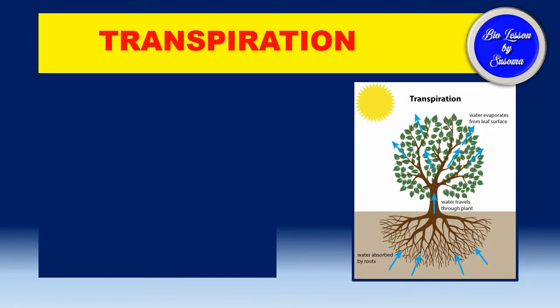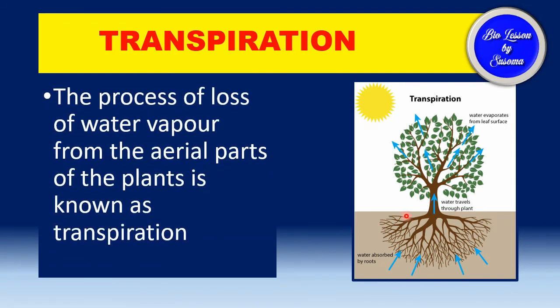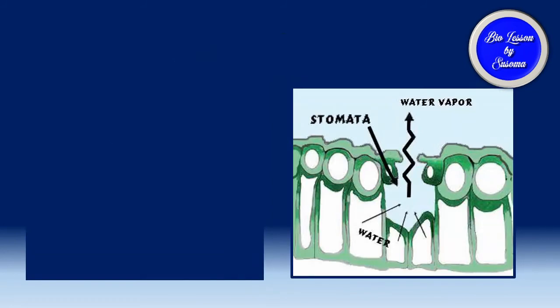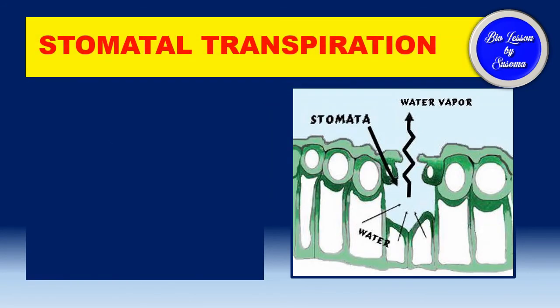Now what do we mean by transpiration? Transpiration is the process of loss of water vapor from the aerial parts of the plants. Next, there are three types of transpiration: cuticular transpiration, lenticular transpiration, and stomatal transpiration. Stomatal transpiration.